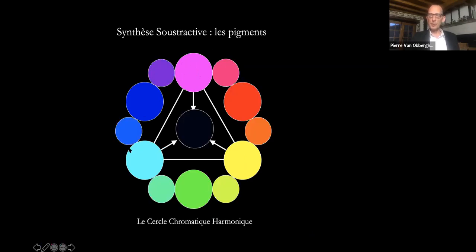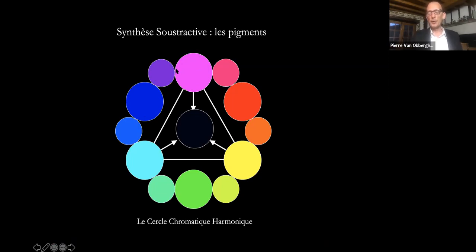That means you can make every color you want with only magenta, yellow, and cyan. But if you put more magenta than cyan, you will get purple, let's say, or violet.